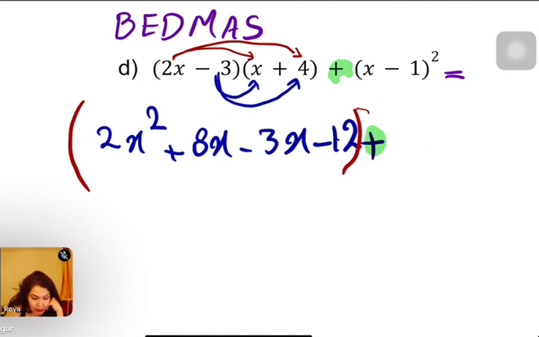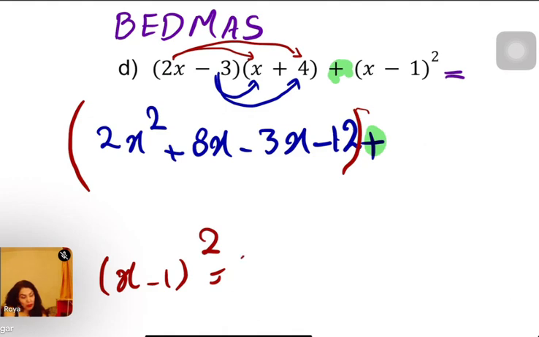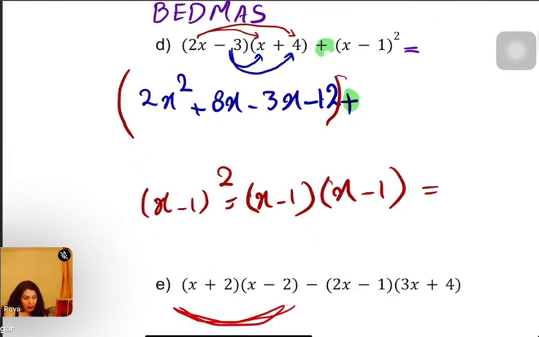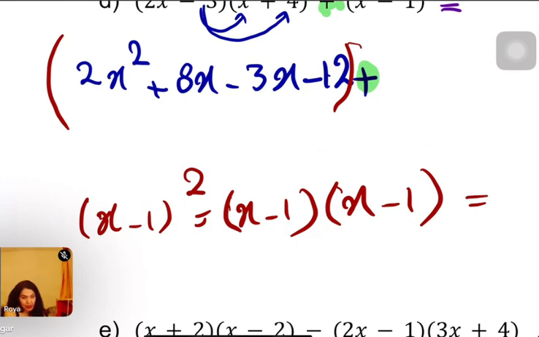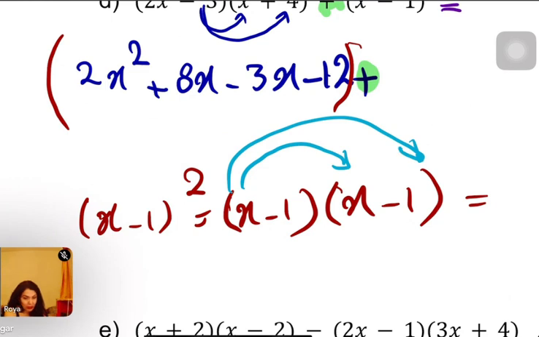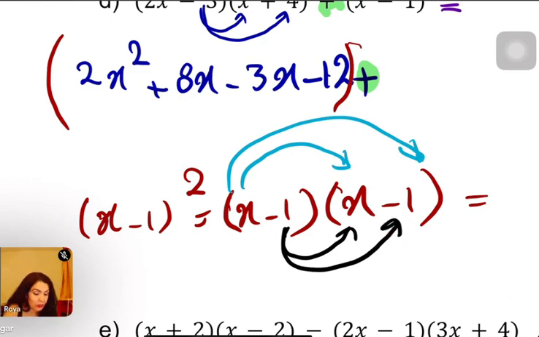And the second part is x minus 1 to the power of 2. x minus 1 to the power of 2 equals x minus 1 multiplied by x minus 1 equals, again, same technique, expand it: x times x, x times negative 1, negative 1 times x, negative 1 times negative 1.